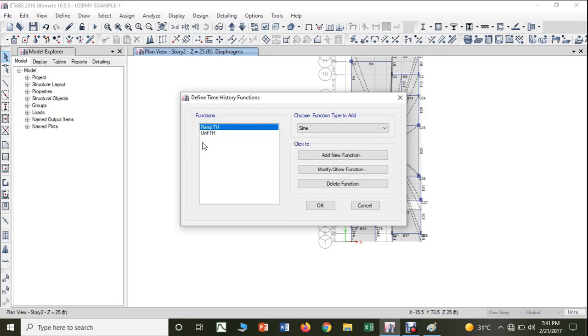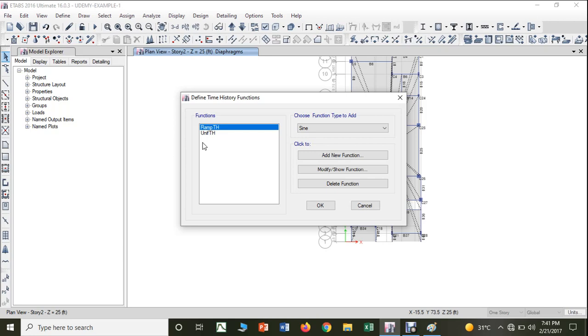Like in India, if you take, you can have the Bhuj earthquake, right? So like that, whatever the earthquakes happened, like the very famous Kobe earthquake in Japan, or Chichi earthquake, or some Atlanta earthquake. So all the previously recorded earthquake data will be available.